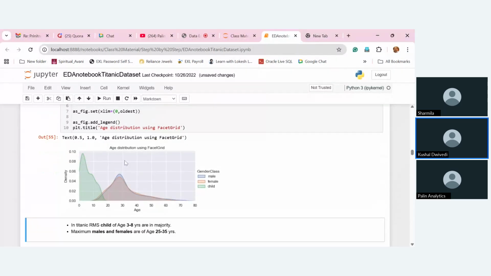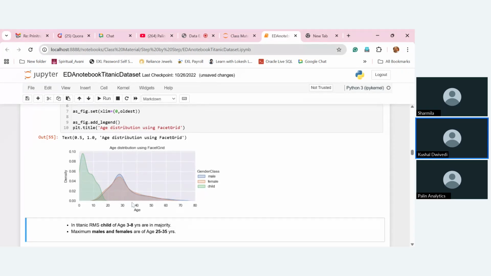Yes. So you can see here, if we look only at gender class, we have three gender classes: male, female, and child. Most of the children are around 5 years to 7 or 8 years, and mostly female ranges are between 25 to 35.